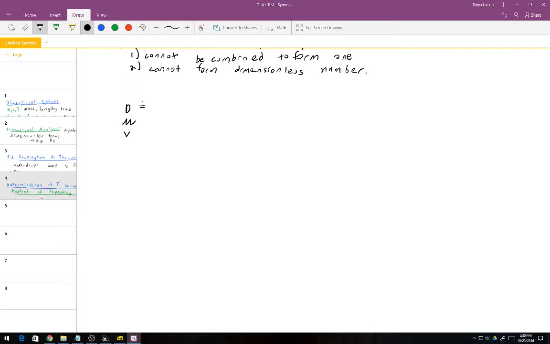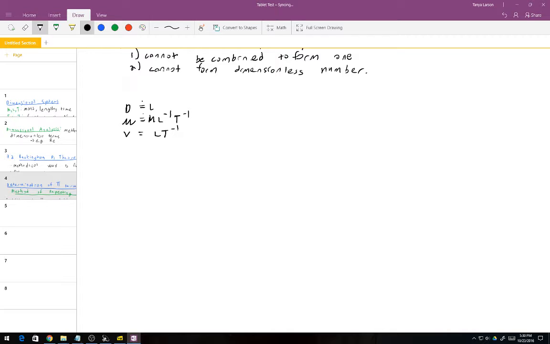Well, D has units of L, mu has units of M, L to the negative 1, T to the negative 1, and V has units of L, T to the negative 1.